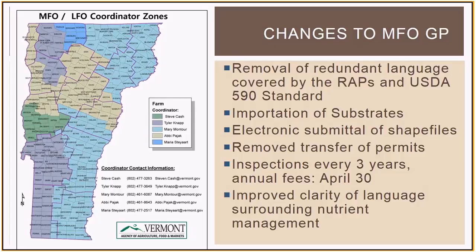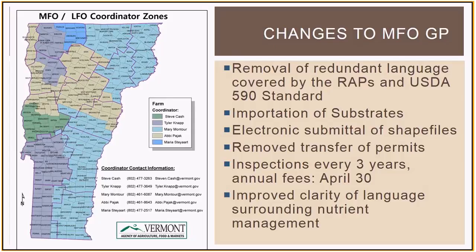There's different components of how farmers are submitting parts of their NMP, so electronic submittal of shape files. We removed the ability to transfer MFO permits. Instead, a farmer would terminate their permit and then if they sold the farm, that new person would reapply.